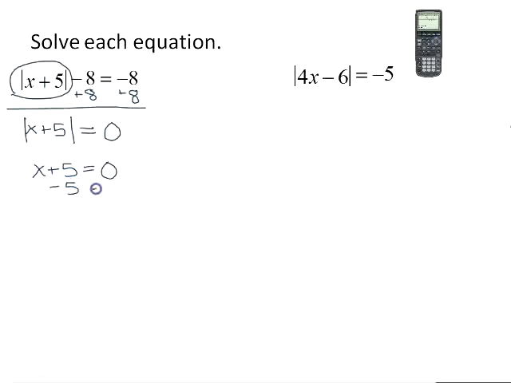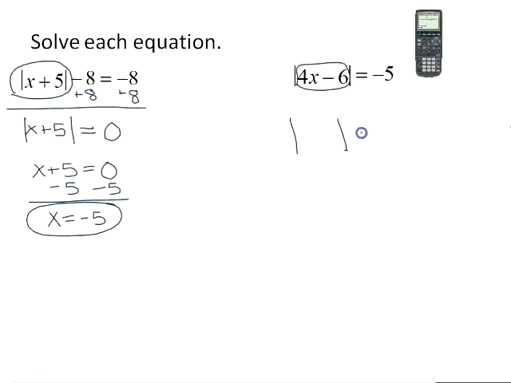So when I solve this, I'll subtract 5 from both sides to get x equal negative 5. So here I would only have one solution. If I look at this equation, I have the absolute value of something equals negative 5. It doesn't matter what is inside this absolute value bars.